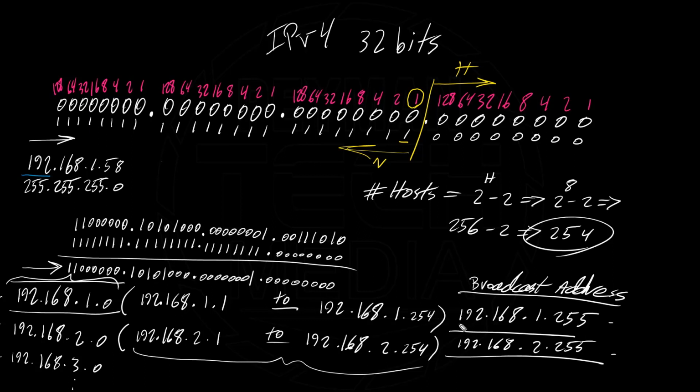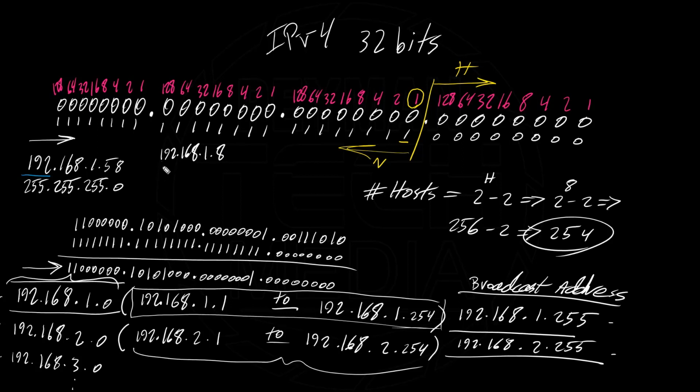Now, any IP addresses in this range can ping and communicate with each other, because they are on the same network. For example, let's write down 192.168.1.8. Let's write down another IP address, 192.168.1.19.